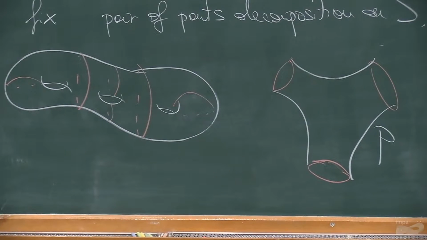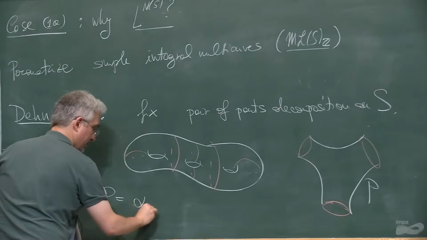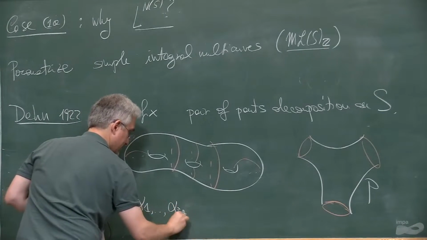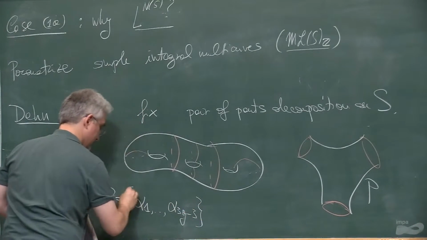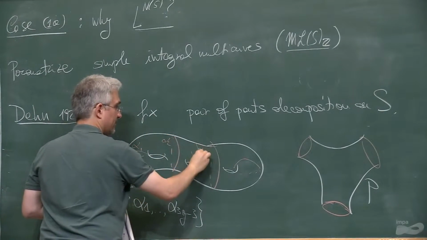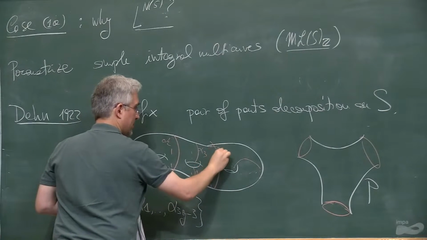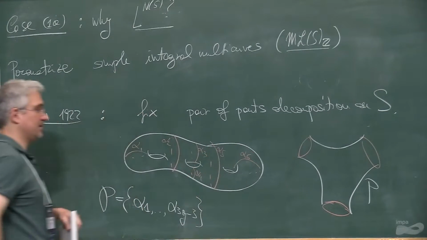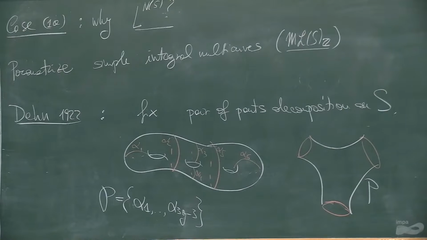So the pair of pants decomposition is the collection of these alpha 1, ..., alpha 3g minus 3. These are alpha 1, alpha 2, alpha 3, alpha 4, alpha 5, in this case alpha 6.